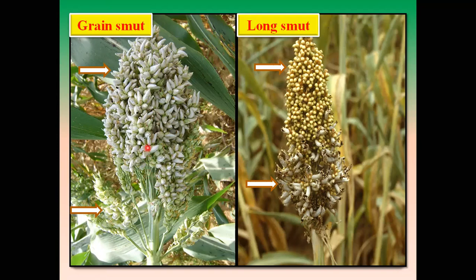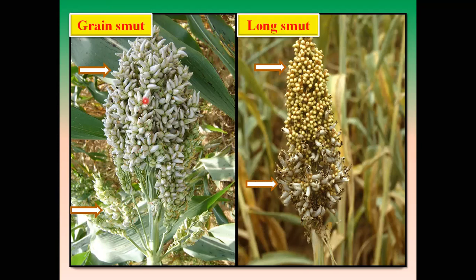After infection, the individual grains are totally replaced by smut sori. The size of the infected grain and the healthy grain is the same.